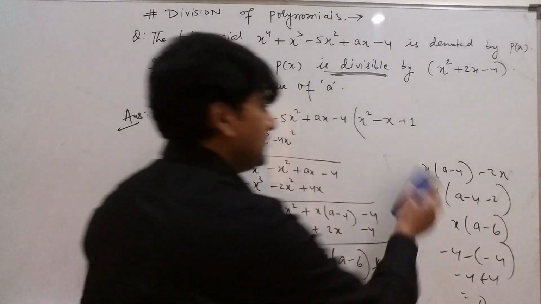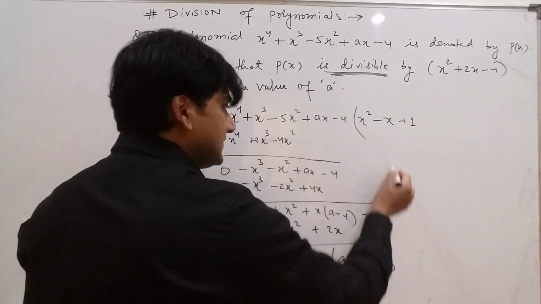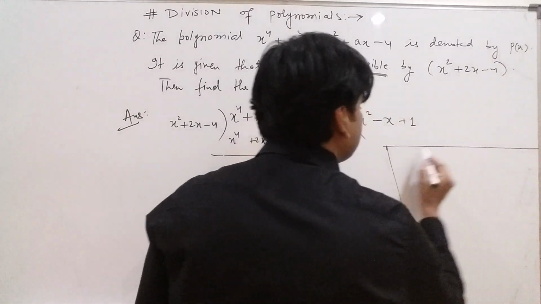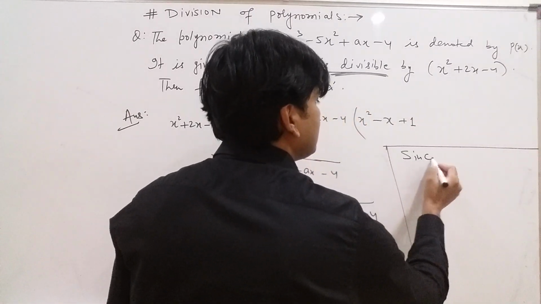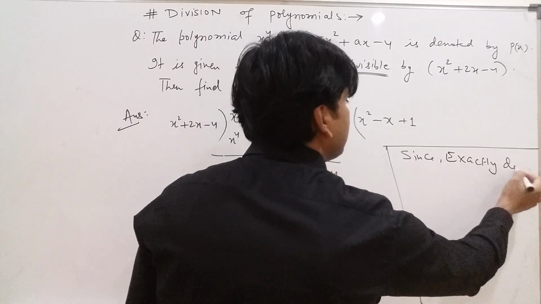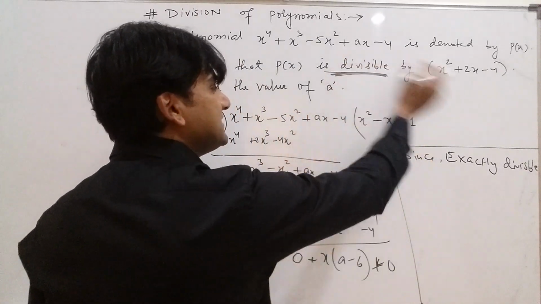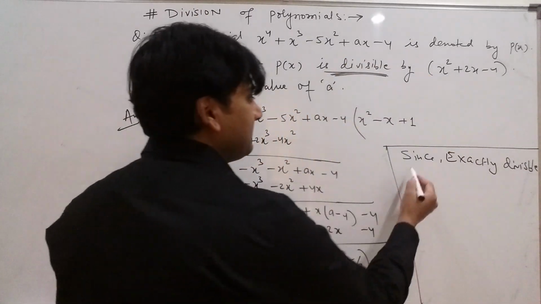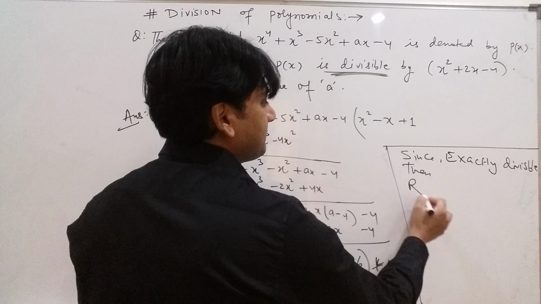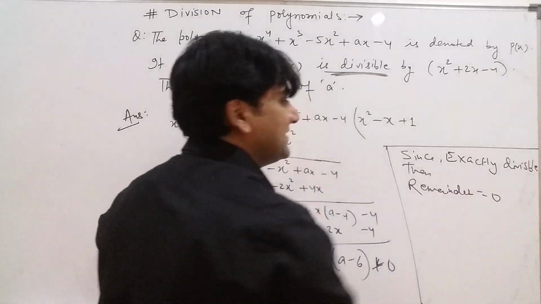Since it is exactly divisible, the remainder must be 0.